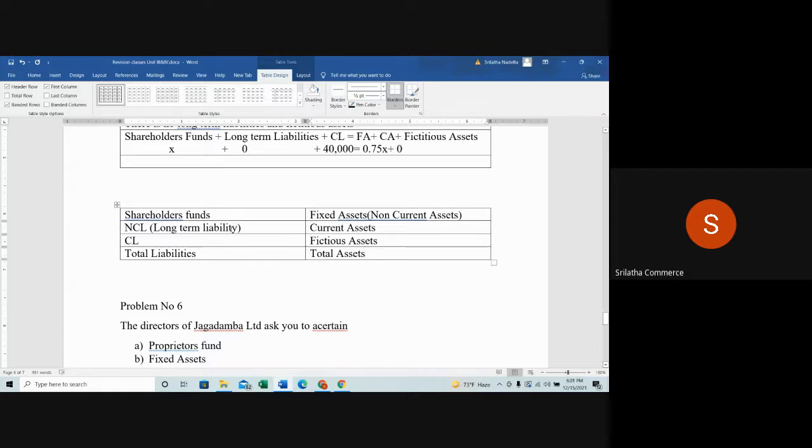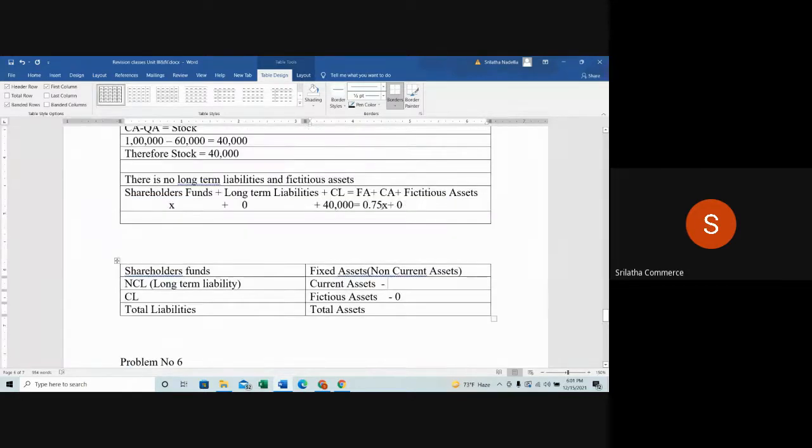He specifically mentioned what he had given. He says there are no fictitious assets, so fictitious assets are 0. Current assets are 1 lakh.